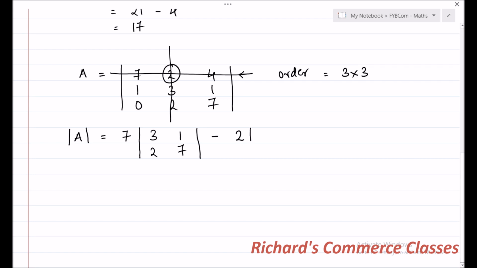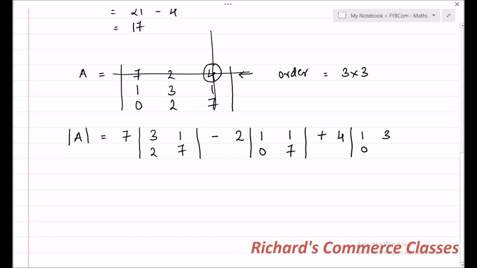So if I form another 2 by 2 determinant, what are the remaining elements? 1, 1, 0, 7, and plus the next element, which is 4. So you write 4 and delete the row and the column containing this 4, and you have the remaining elements 1, 3, 0, 2.